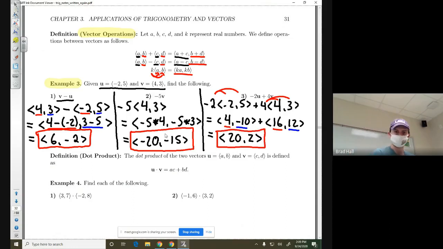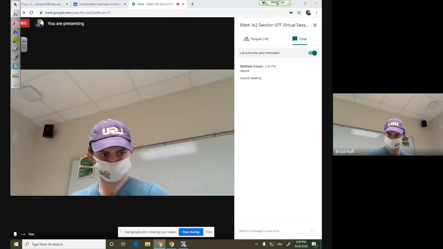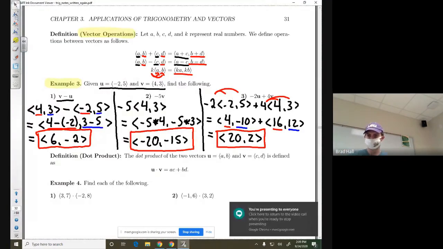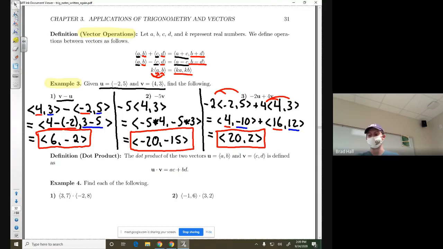And so that's all we do. So pretty straightforward, and it's not really too much trig. Really, the only trigonometry here is the fact that vectors are kind of a trig thing. And because of that, anything we do to them will be considered trig things, even if it resorts back down to arithmetic.